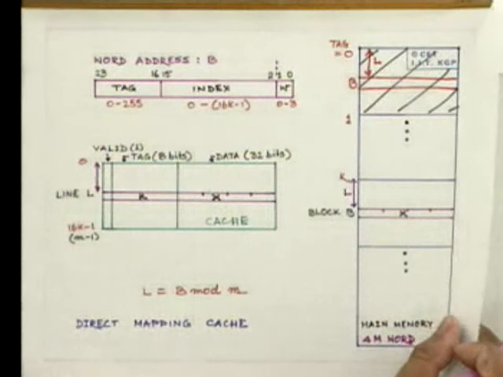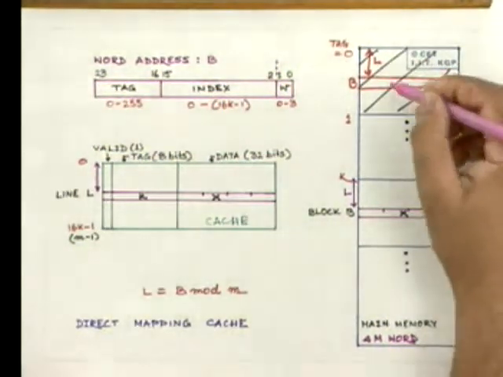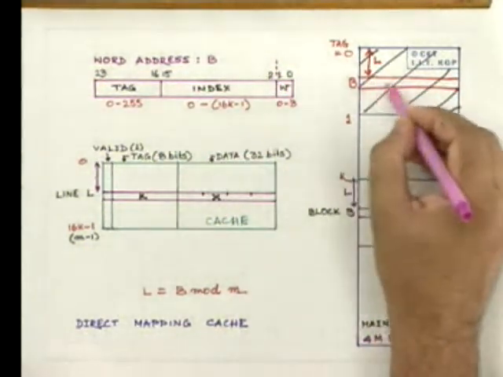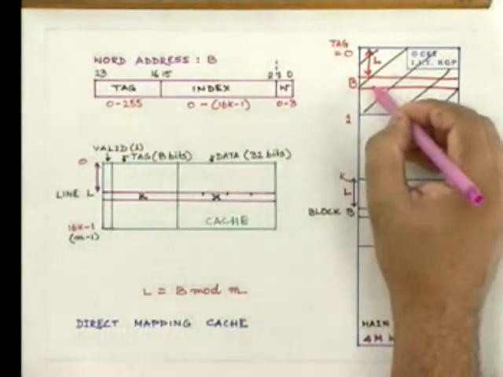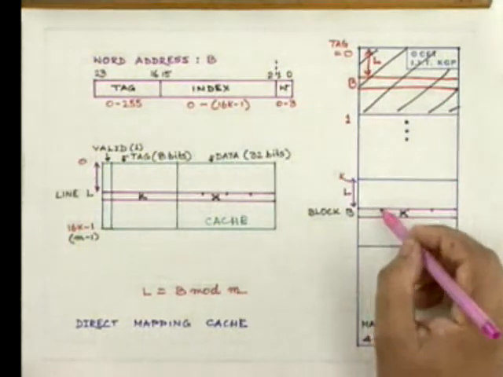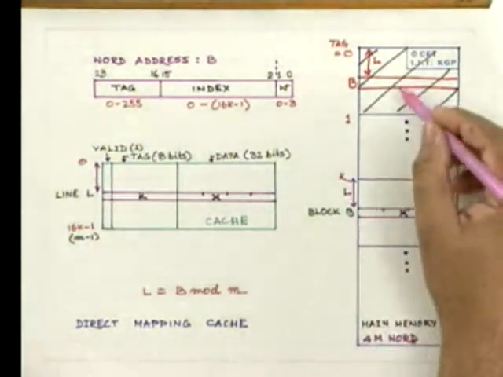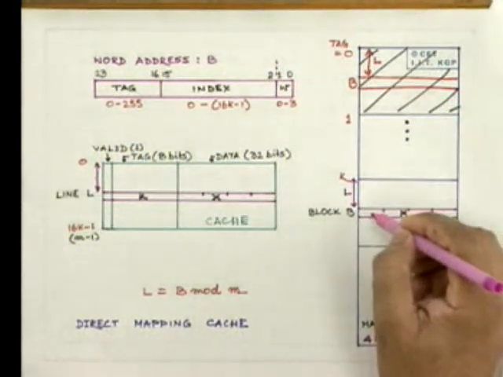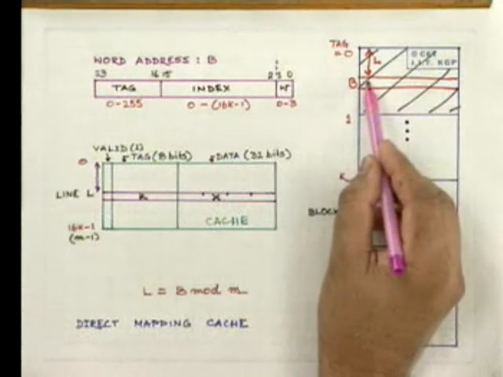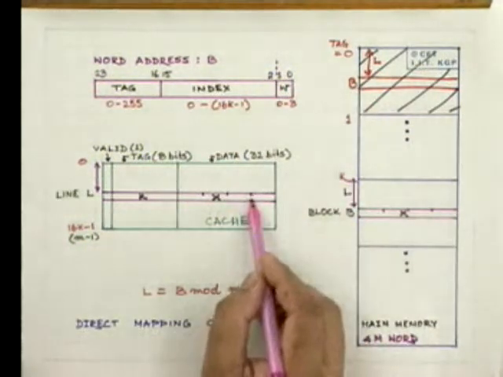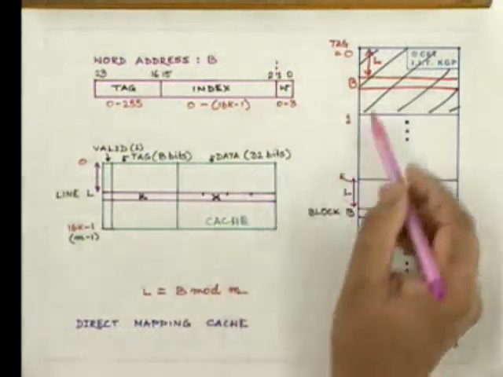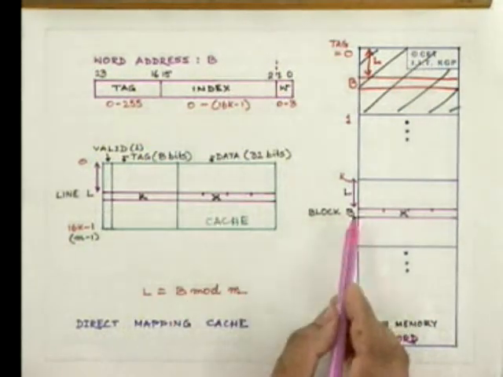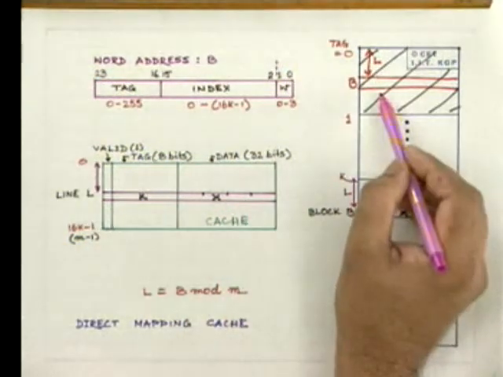This creates a disadvantage, because suppose that your instruction that is being executed is in these blocks, or the blocks in the vicinity of it, and the data that these instructions are working with are in the vicinity of these blocks. Then since both this block and this block will be mapped to the same line of the cache, when this block is here, this block cannot be there, it will push out this block, and when this block is there, it will push out this block.